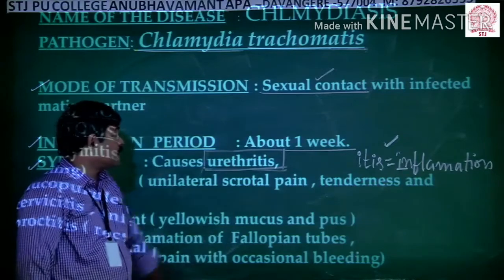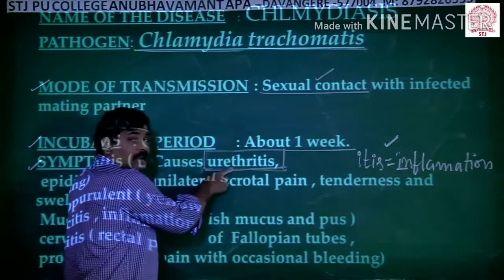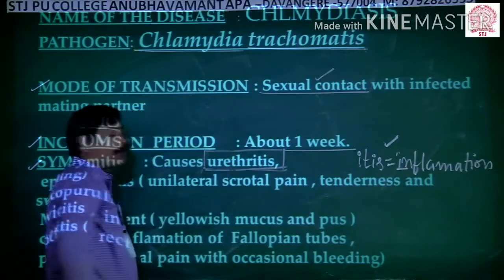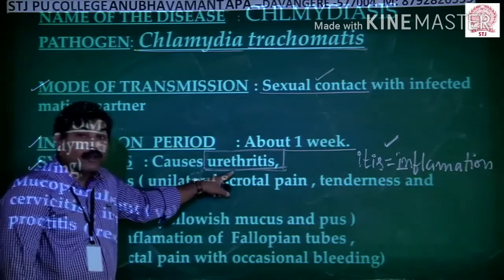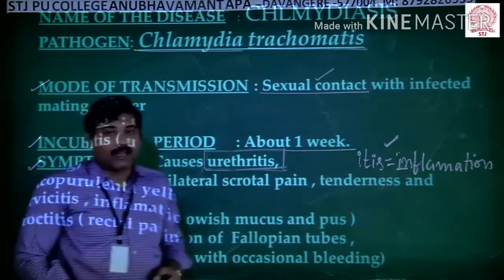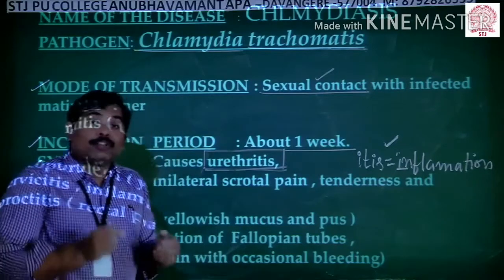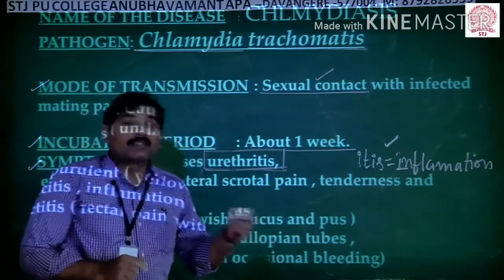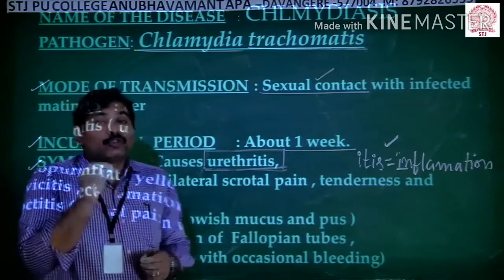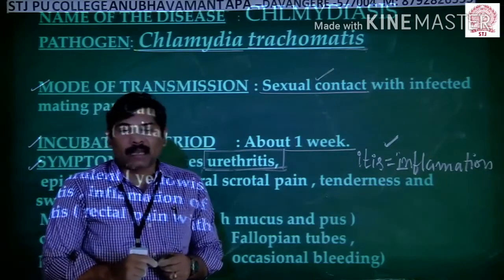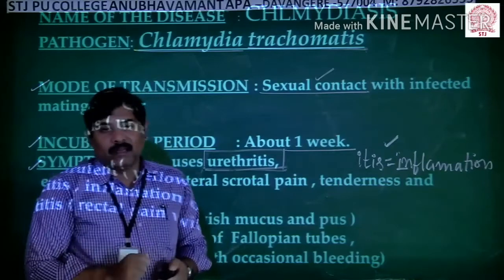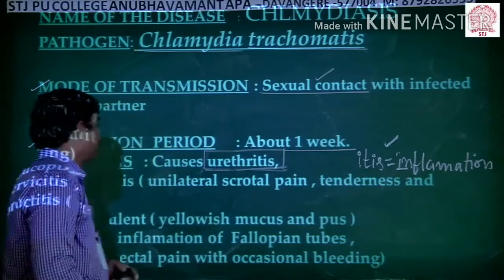Now let us see the terms. Here it is urethritis. You know very well about the urethra. Now this condition is known as urethritis. What does that mean then? It means that inflammation of the urethra will take place. So the urethra of the male genital tract or female genital tract will be inflamed. This is one condition.